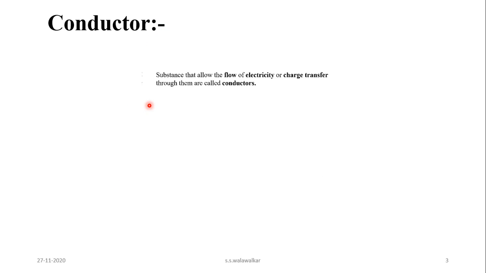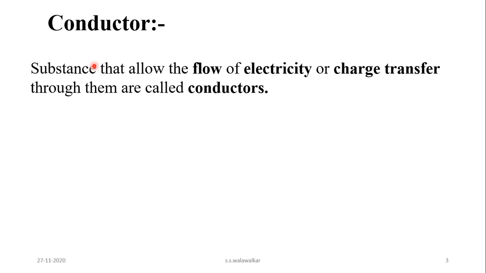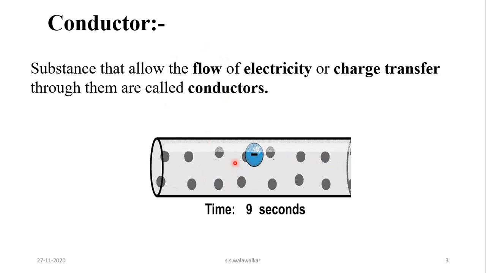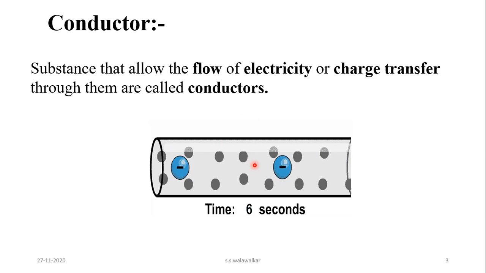And the substance that allows the flow of electricity, that is flow of electron or charge transfer through them, is called a conductor. That means this metallic wire, suppose this is the metallic wire, then this metallic wire acts as a conductor.